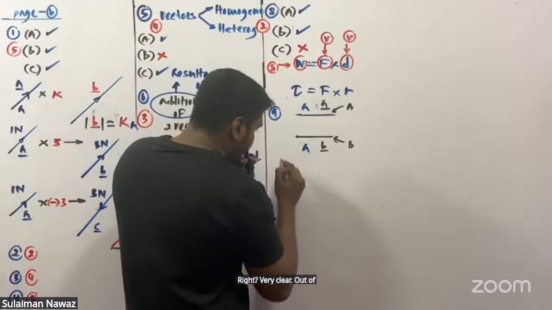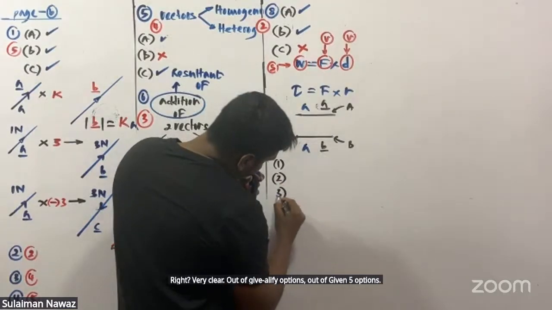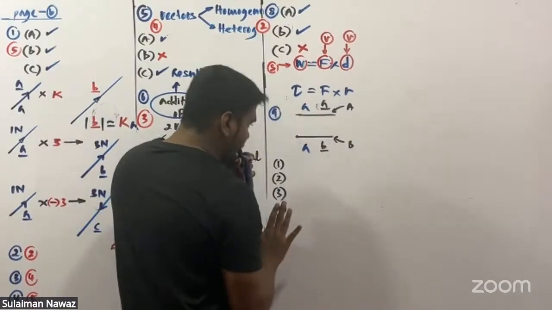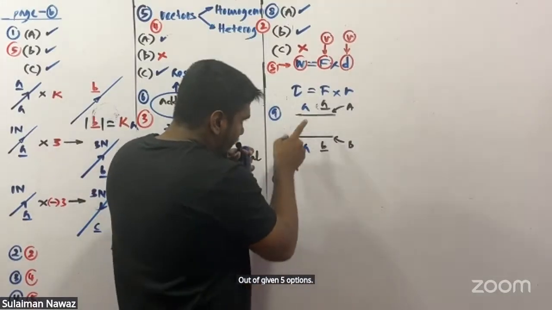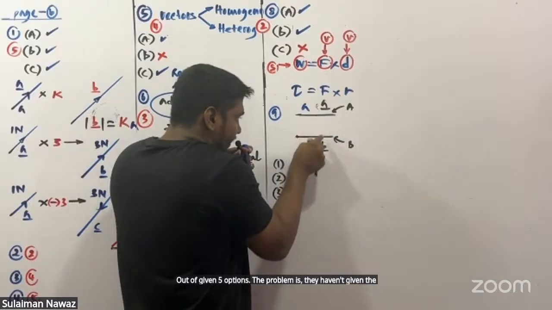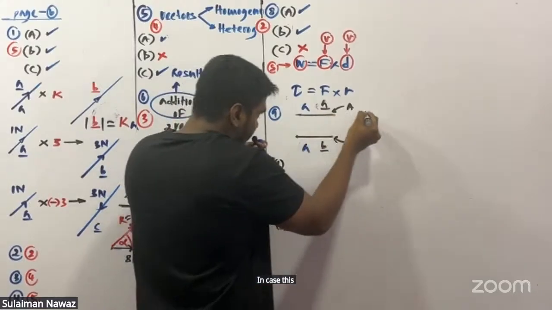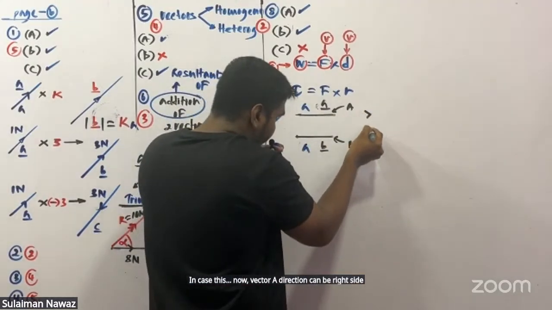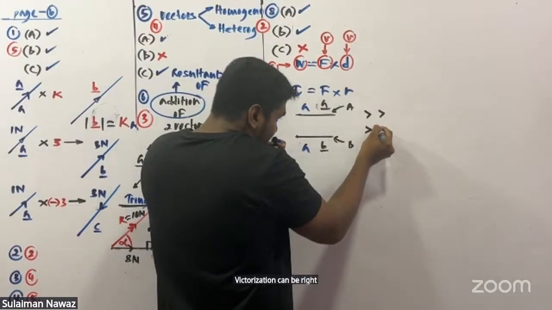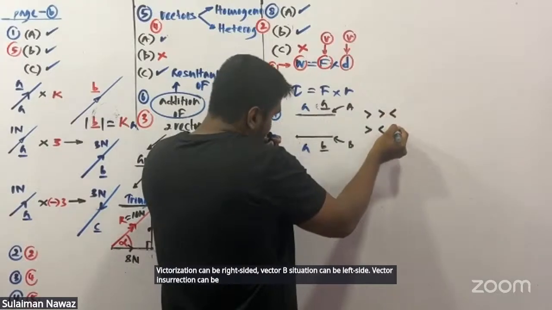Out of the given five options, the problem is they haven't given the direction of vector A and vector B. That's the problem. Vector A's direction can be right side and vector B's direction can be right side, vector A's direction can be right side and vector B's direction can be left side, vector A's direction can be left side and vector B's direction can be right side.